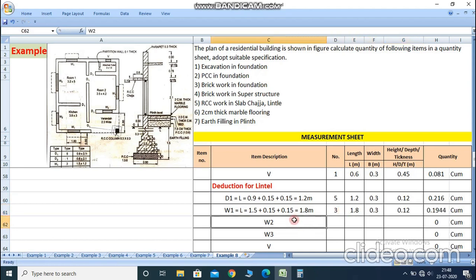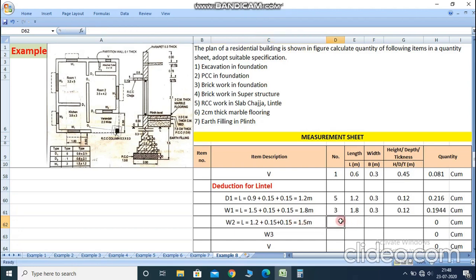Now for window 2, length is equal to, from the table, window 2 length is 1.2. So simply 1.2 plus 0.15 plus 0.15 is equal to 1.5 meter length.